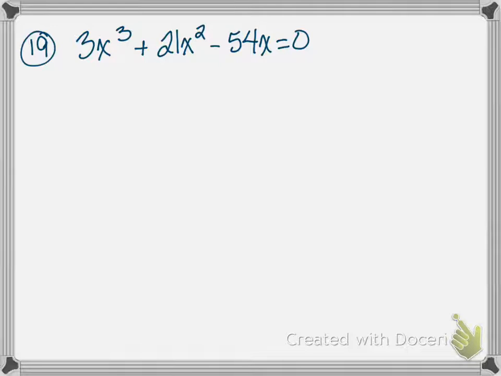Number 19 has a greatest common factor in it. There is something common to every single term, and it's actually a numeric number as well as a variable. So if you look at your coefficients, I've got positive 3, positive 21, and negative 54. The good news is that 3 comes out of all of those.